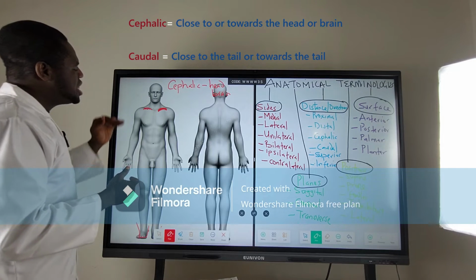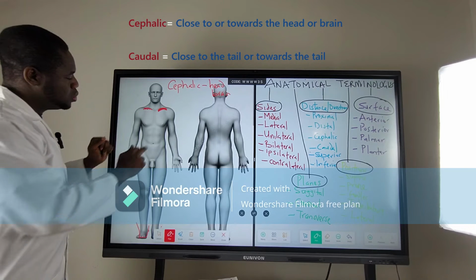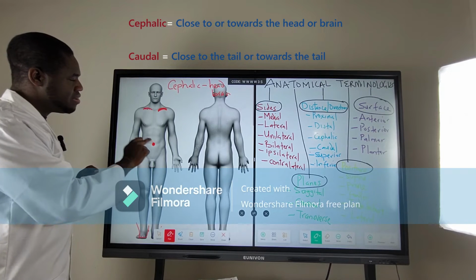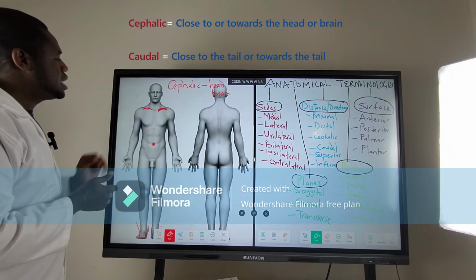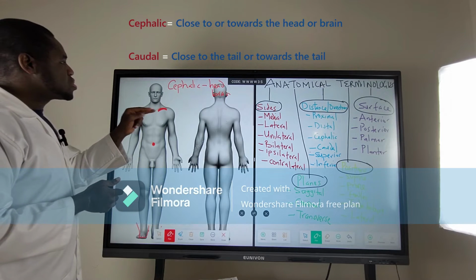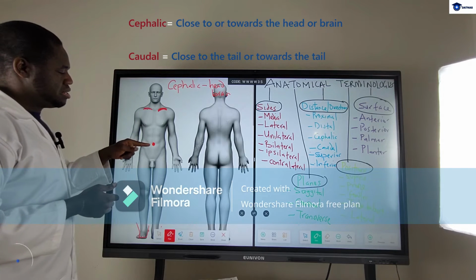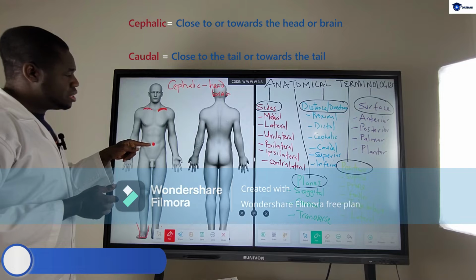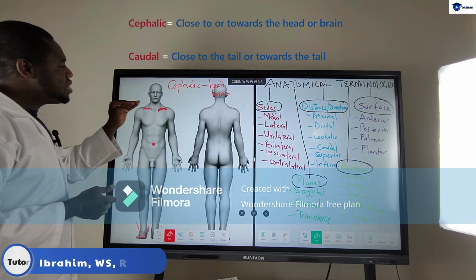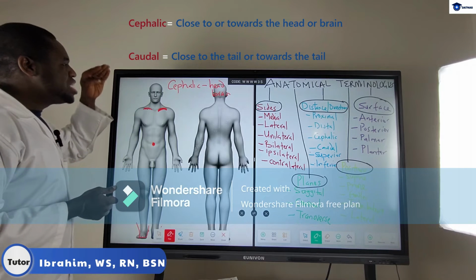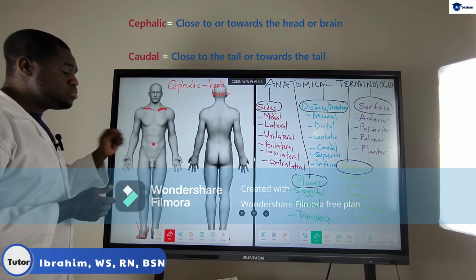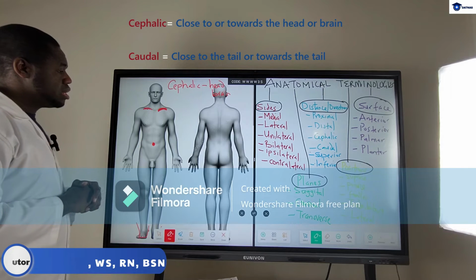In relation to the umbilicus, the navel here, if I say that the clavicles are cephalic to the umbilicus, I'm saying that the clavicles are closer to the head than the umbilicus.